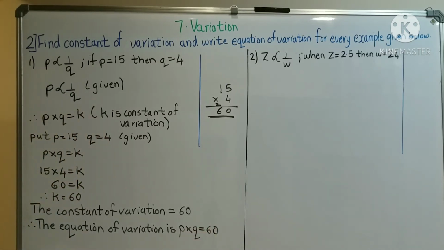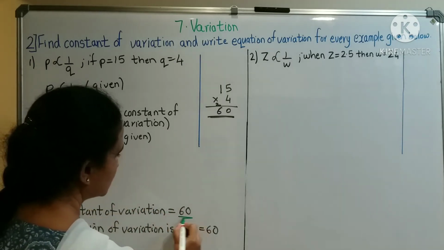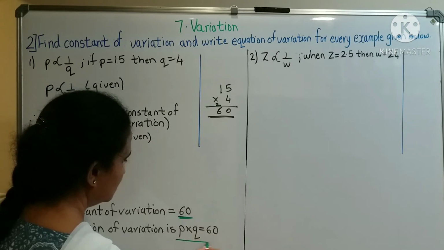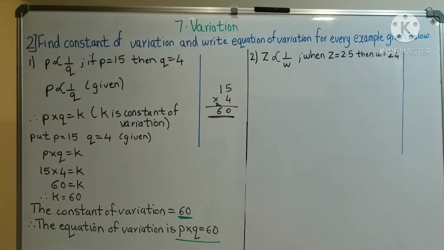So over here we have got the constant as 60 and this is the equation of variation. P into Q is equal to 60 is the equation of variation.